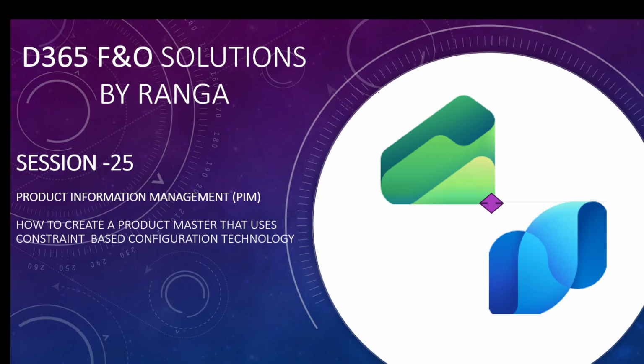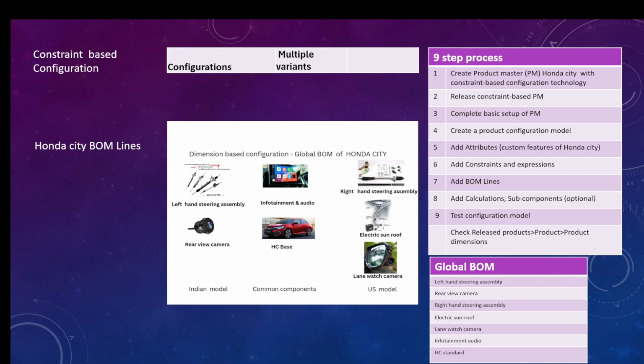Okay, now let me move on to the theory part in the creation step before I start configuring it in my F&O application. So this is a constraint-based configuration technology product master. I'm going to create it in 9 steps, and I'm going to use the same set of BOM lines that I used in dimension-based, so as to help compare what we did in dimension-based and what we are doing in constraint-based.